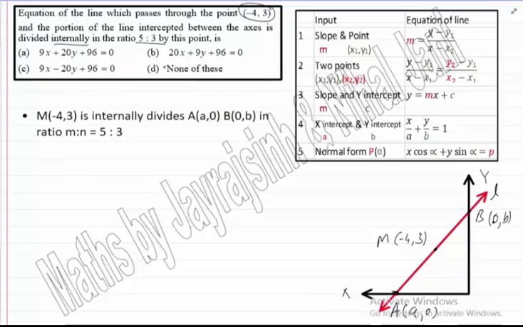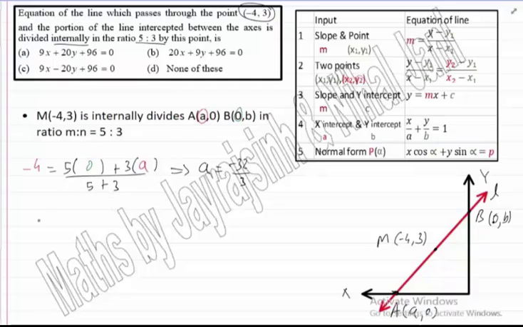So let's use this data to get the coordinates of A and B. M internally divides AB in the ratio of m is to n, right? So we can say the x coordinate of the dividing point is equal to 5 bracket plus 3 bracket upon 5 plus 3. Now we have to put the x coordinate of the opposite ends, 0 and a over here. So we will get a is equal to minus 32 by 3.